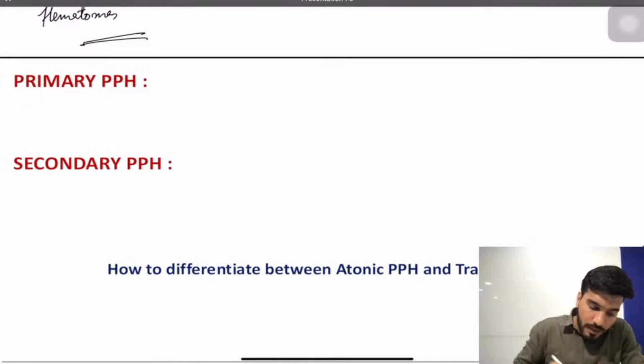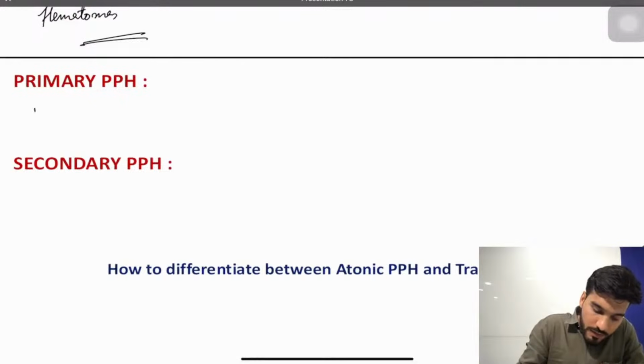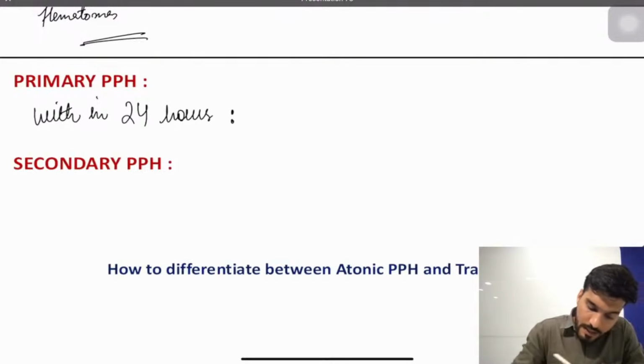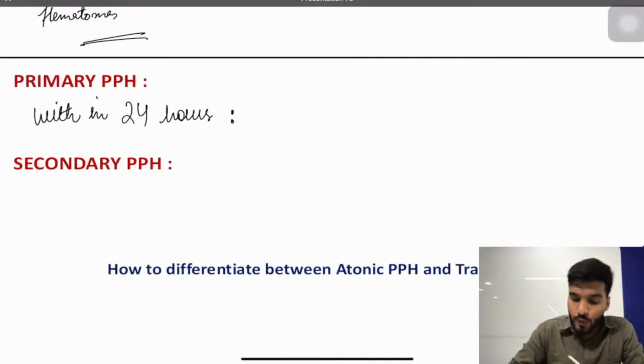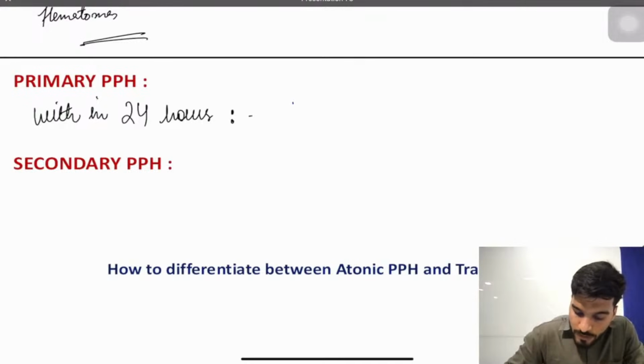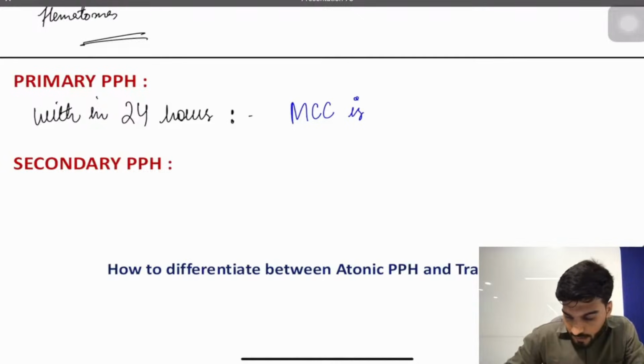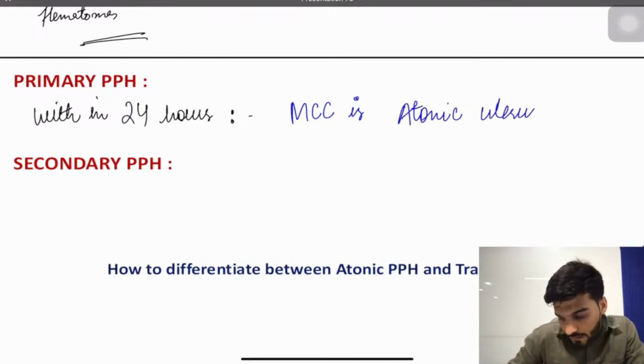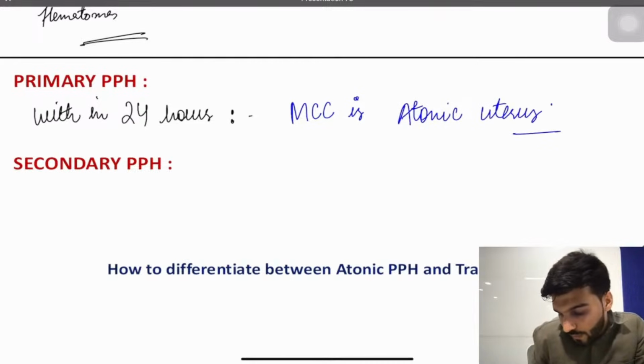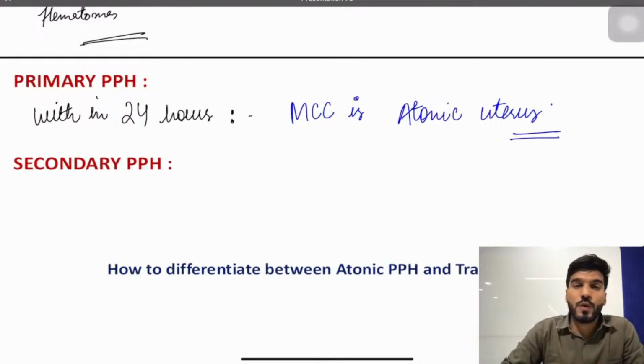Primary postpartum hemorrhage is bleeding which occurs within 24 hours, and the most common cause is atonic uterus. Is that clear? So the most common cause for primary PPH is atonic uterus.